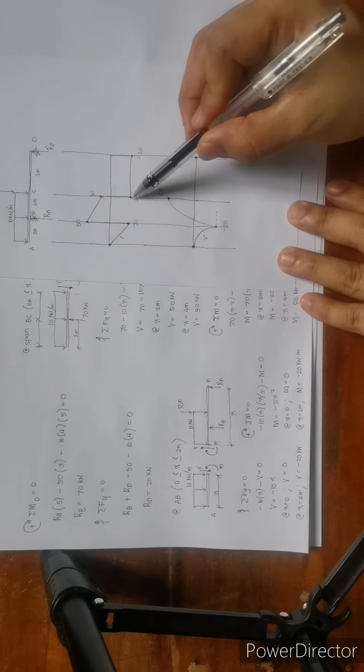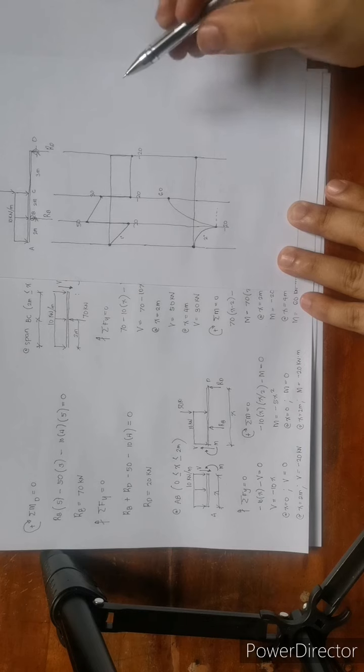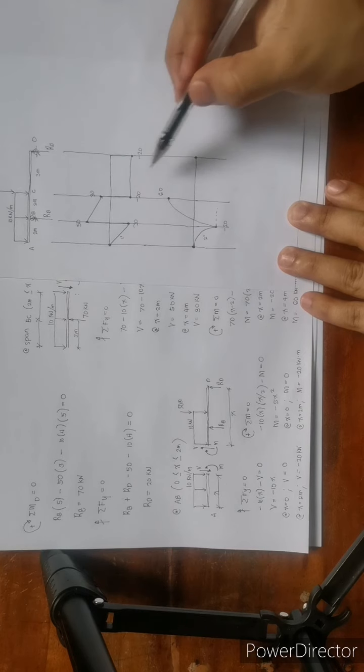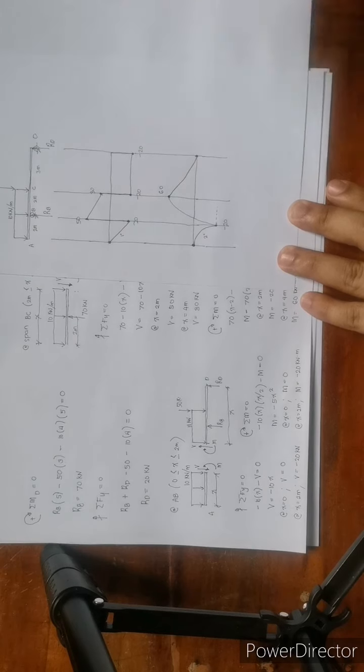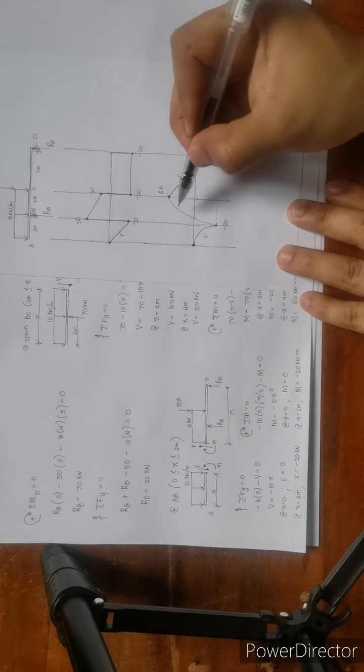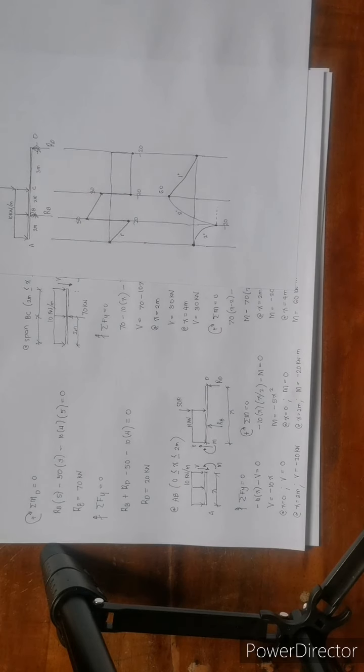Tingnan natin yung curve natin dito guys, that is 0 degree horizontal. Pag i-connect natin yung dalawa, that is first degree. 0 degree, first degree. Ano ba yung first degree? Parang triangular lang. So that is first degree. Second degree. And that will be our shear and moment diagram for this given problem.